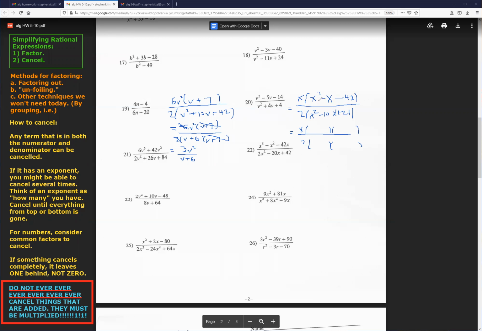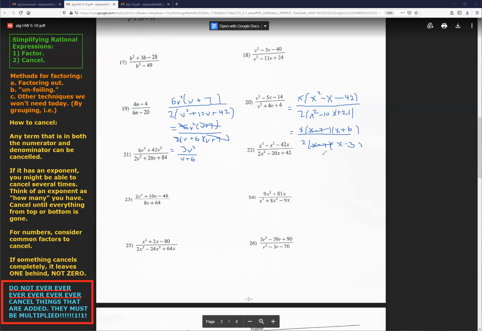All right, so x squared minus x minus 42. So multiplies to negative 42, adds to negative 1. That's going to be an x minus 7 and an x plus 6. Those will add to negative 1 and multiply to negative 42. And then on the bottom, it's x minus 7, x minus 3. The x minus 7s cancel.